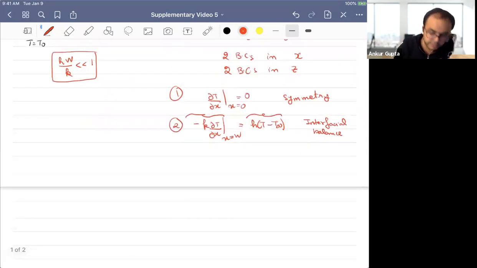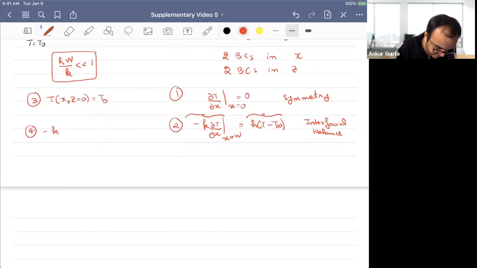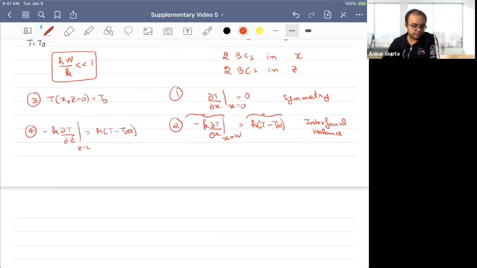Then we did the boundary conditions in Z, so I'm going to the left. Just to remind you that at x comma z equal to 0, we said this is T naught, and then the fourth was again the same as the other surfaces, that at z equal to L, this is equal to h into T minus T infinity. Right.